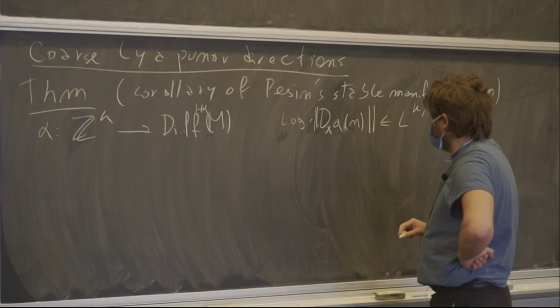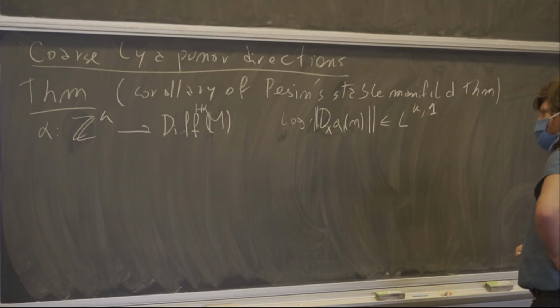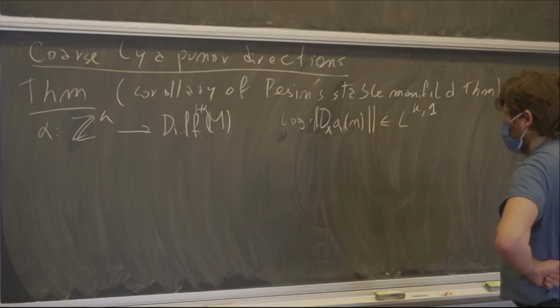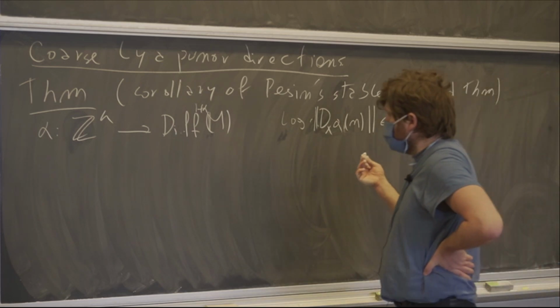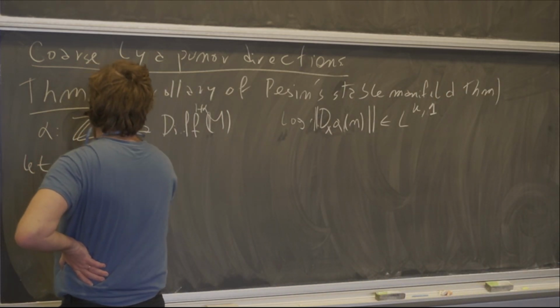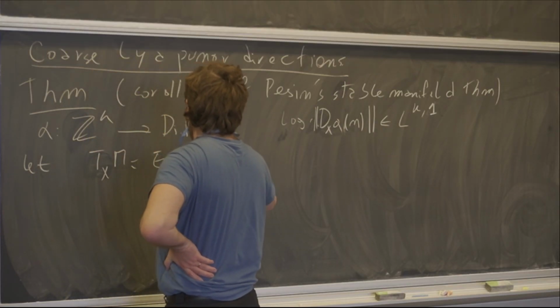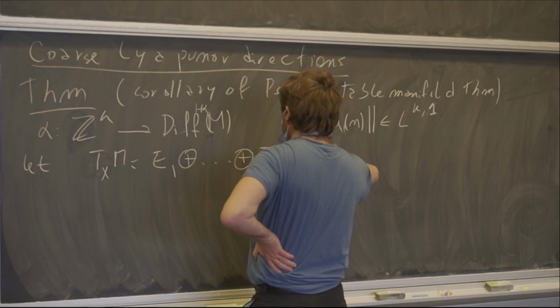And probably that's good enough. Maybe we need epsilon more about the Hölder norm. I don't think so, but anyway. Okay, we have this alpha, and let T_x M be E_1 plus ... plus E_L.